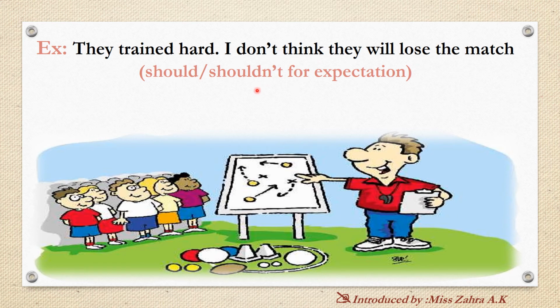لكن شنو اللي مكانها راح أخلي؟ بما أنه عندي don't think في حالة النفي، راح نستخدم shouldn't. إذا كانت I think راح ننزل should، إذا don't think راح أنزل shouldn't في حالة النفي.